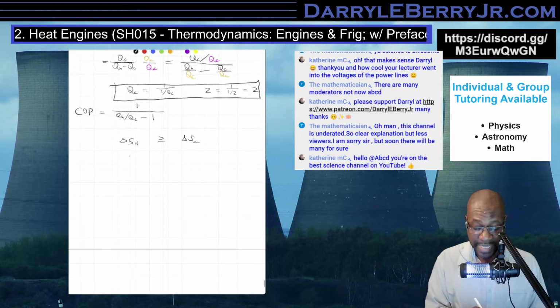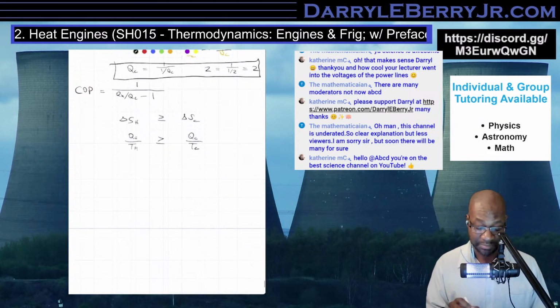And we know from earlier that entropy hot is going to be QH over TH, and entropy cold is going to be QC over TC. We know that's going to have to hold. And we could do the same thing and move these things around and say QH over QC is going to have to be greater than or equal to TH over TC. Right?